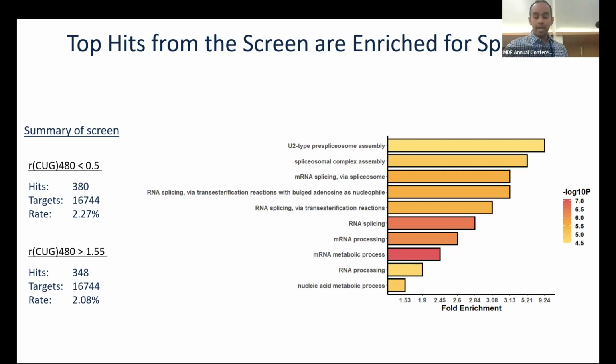However, to probe a broader set of hits, we looked at the nucleic acid metabolic process. This was a broader category, which was at the 10th position. It encompassed most of the preceding hits, but it also had a more diverse set of hits, including, for example, DNA repair proteins, as well as RNA modification enzymes, and so on.